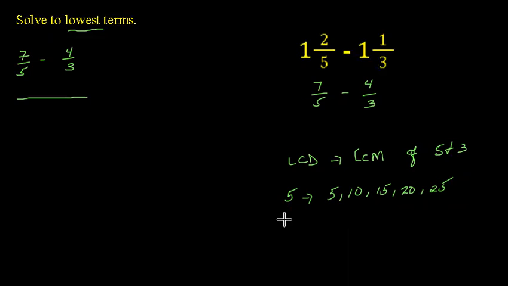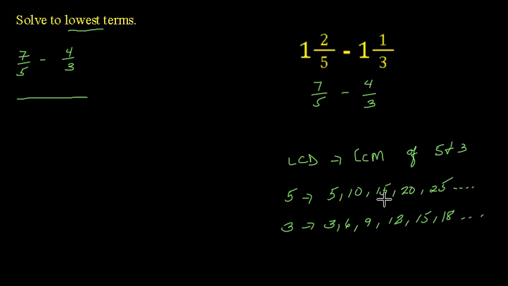All right, so let's try it for 3. So I have 3, 6, 9, 12, 15, 18, and I can go on. Just as from here, I could go on, okay? But I'm being asked to find the least common one. 5 and 3 are not common here.